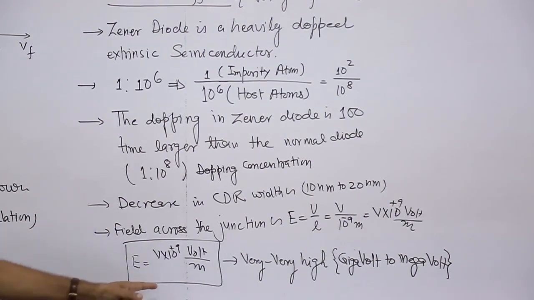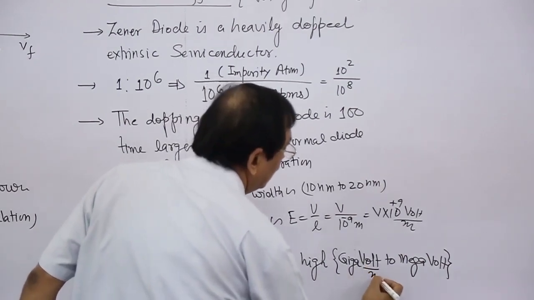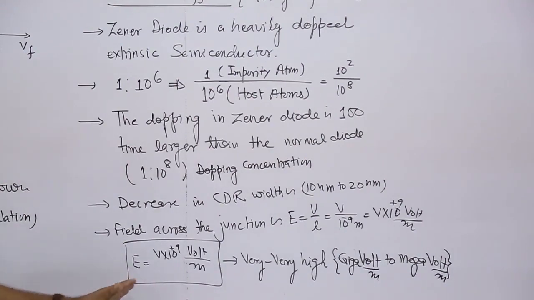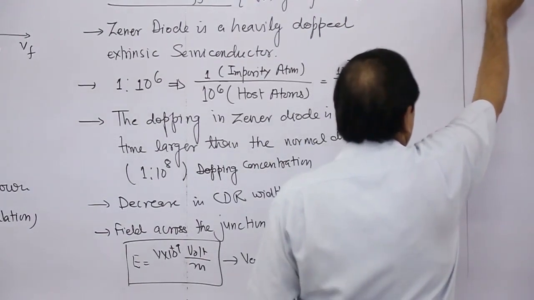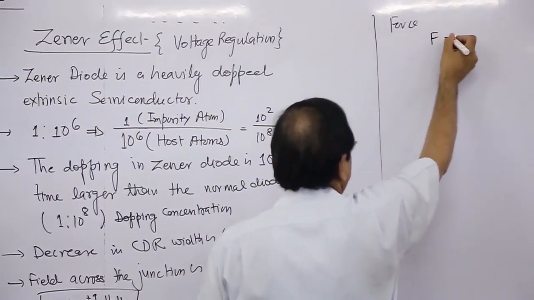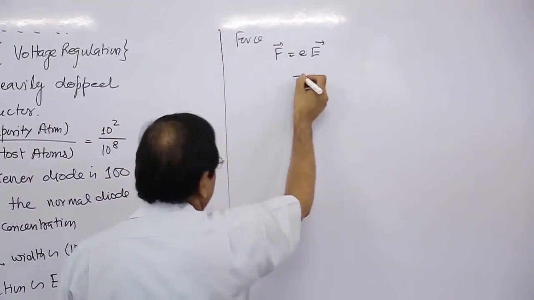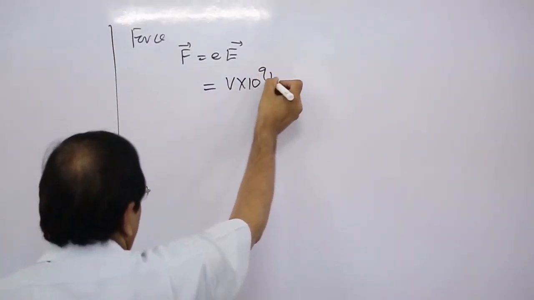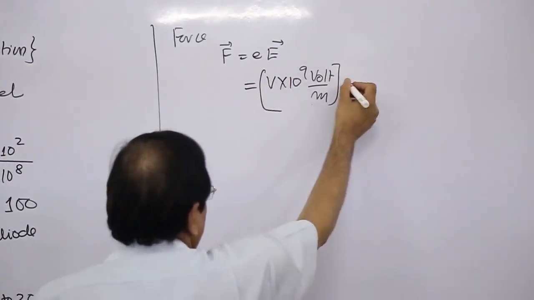Then the force acting, force F is equal to E into V, where E is V into 10 to the power 9 volt per meter.